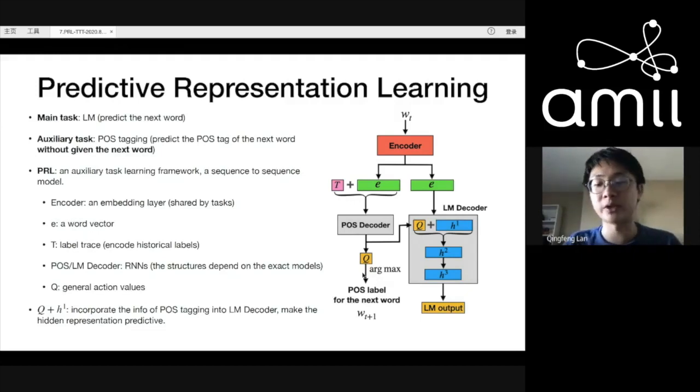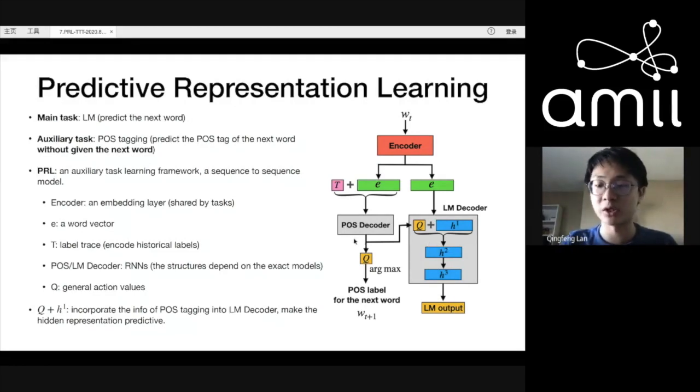And to predict the POS label next, we simply take argmax. For this part, the language model decoder is also an RNN, and in this picture there are 3 hidden states, H1, H2, H3, because there are 3 layers.